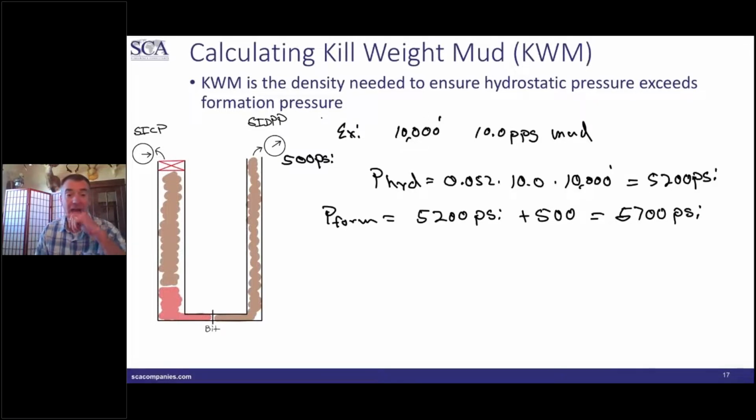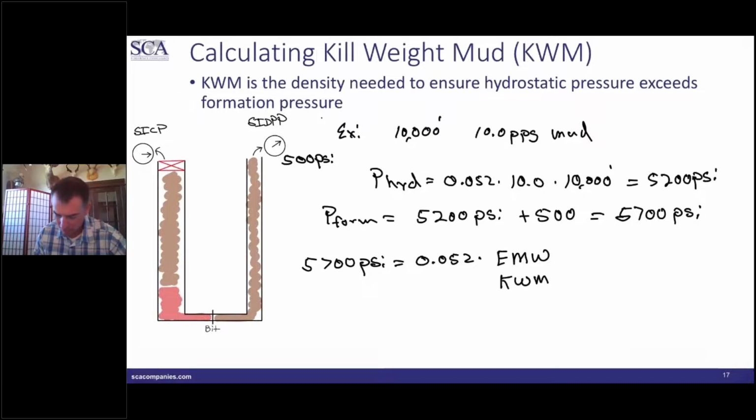And from that, I can calculate my kill weight mud by just manipulating the same equation. So I know 5,700 psi is equal to 0.052 times, now I'm going to substitute in equivalent mud weight, which I actually could put kill weight mud in this case, times the depth.